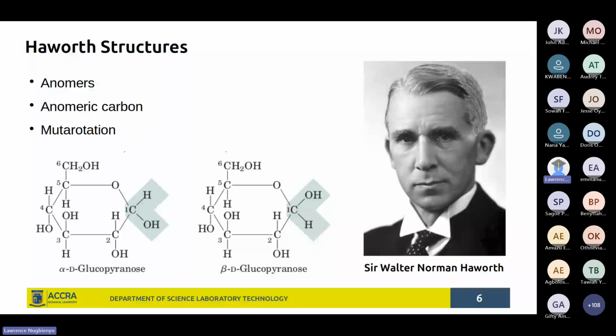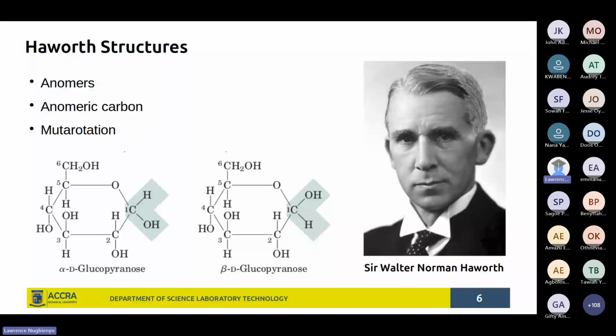So yes, you can even extend your thinking to having an equal amount of beta and alpha configurations of these anomers in there, because the molecule is not static, it is dynamic. So you'll have the rotation ongoing.